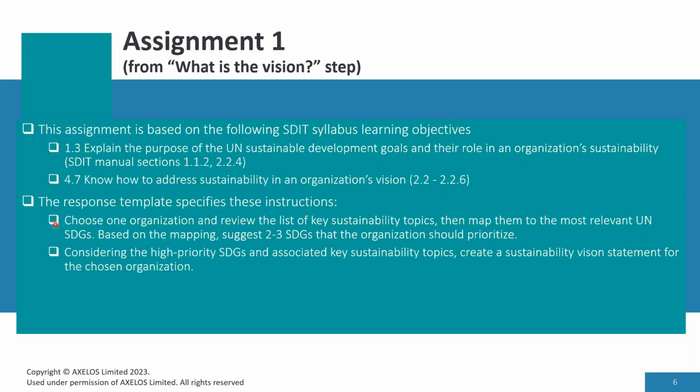Based on the mapping, suggest 2 or 3 SDGs that the organization should prioritize. Then, considering the high priority SDGs and associated key sustainability topics, create a sustainability vision statement for the chosen organization. So in this assignment, you're explaining the purpose of the UN Sustainable Development Goals and their role in the organization's sustainability, and also learning how to address sustainability in an organization's vision. And these are the learning outcomes that are achieved through this assignment.